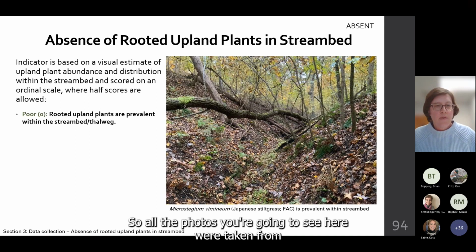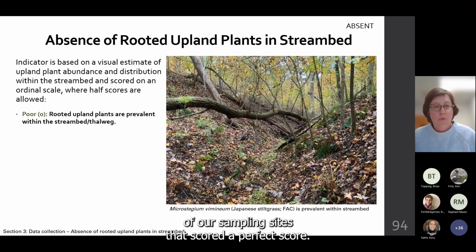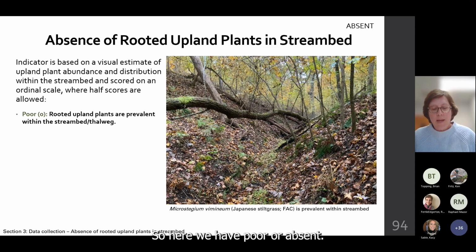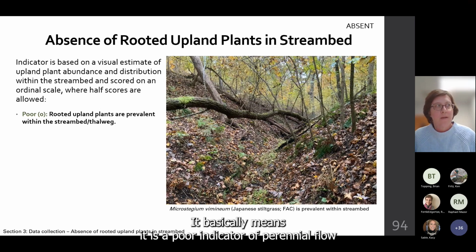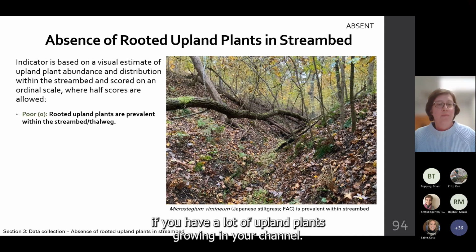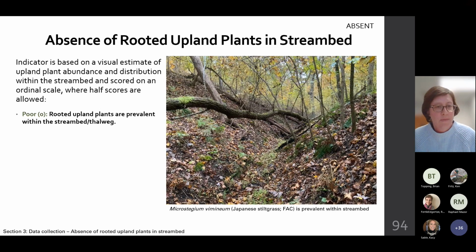So all the photos you're going to see here were taken from some of our sampling sites that scored the appropriate score. So here we have poor or absent. That doesn't mean that there's no upland plants. It basically means it is a poor indicator of perennial flow if you have a lot of upland plants growing in your channel.